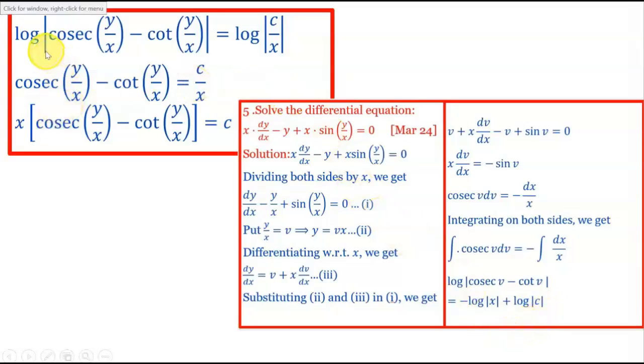Now next, taking the antilog on both sides, log gets cancelled. You will have cosec y upon x minus cot of y upon x is equal to c upon x. Now after simplification, multiplying on both sides by x, you will get the required solution: x in square brackets cosec y upon x minus cot of y upon x, bracket complete, is equal to c.